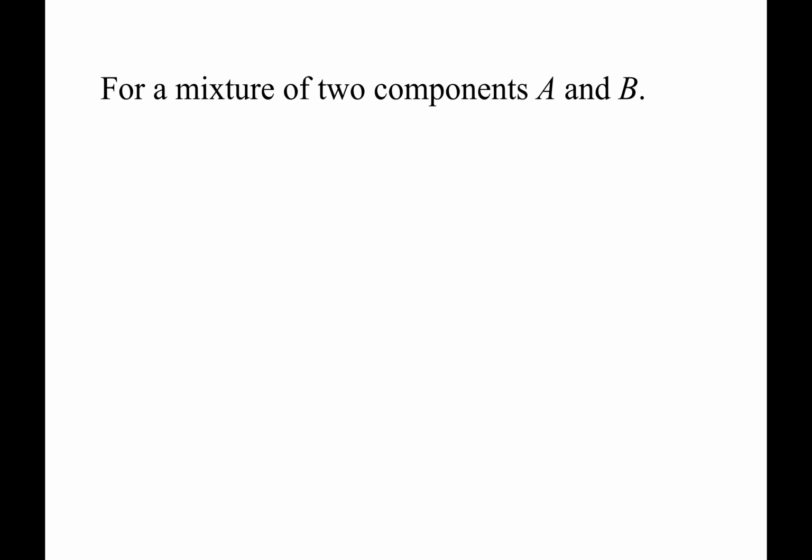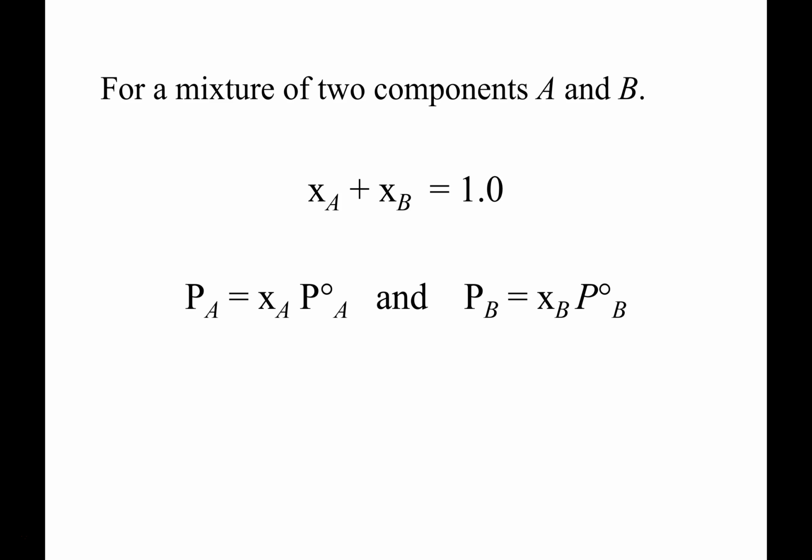So if we consider two things mixed together, A and B, of course if you only have two things, then if you add up their mole fractions, they better be equal to 1. That makes sense. Well, we could say this is Dalton's law of partial pressures. According to Dalton, the partial pressure, is that right?